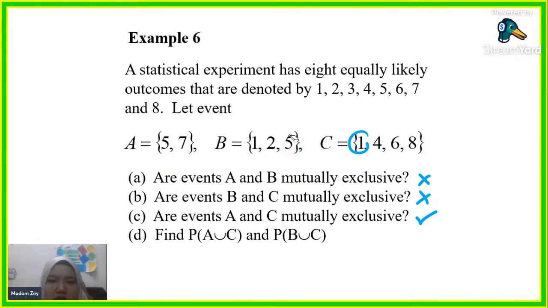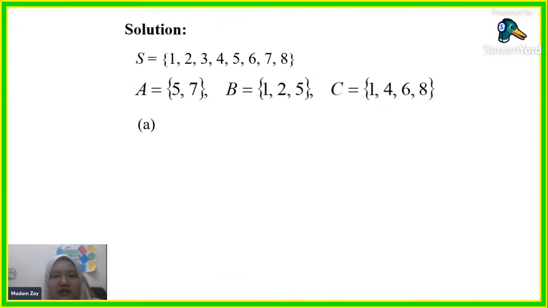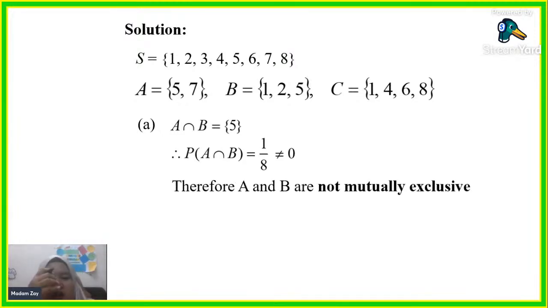Okay, so how about question D? We need to calculate the union of A and C. Because A and C are mutually exclusive, for the union you just have to add up the probabilities of A and C. For B, we can write down A intersect with B, we have an element 5, then A intersect with B is equal to 1 over 8, so not equal to 0, so not mutually exclusive.